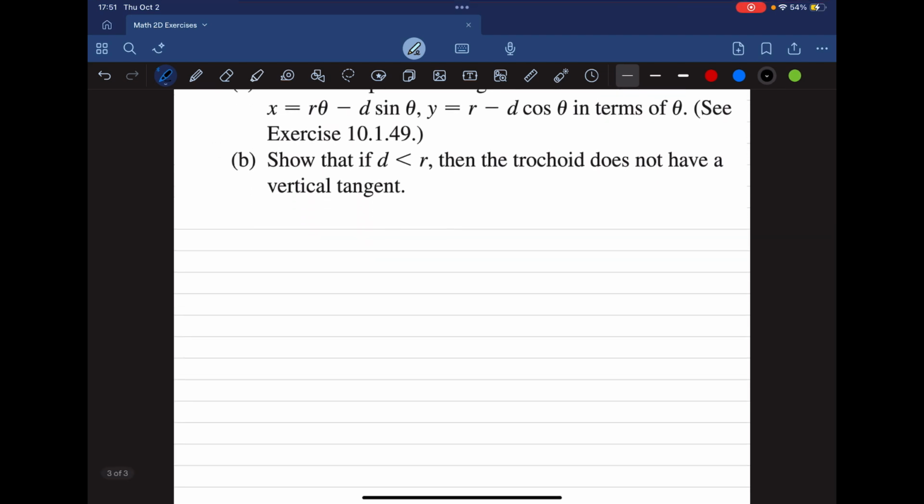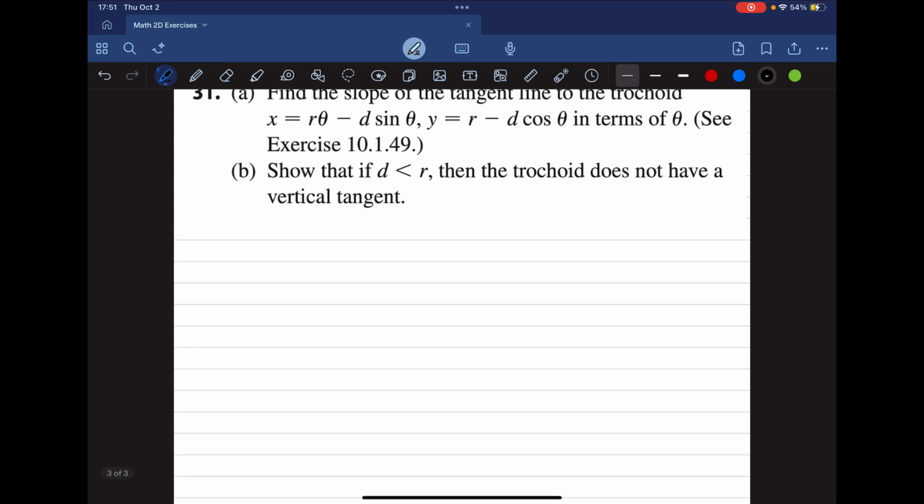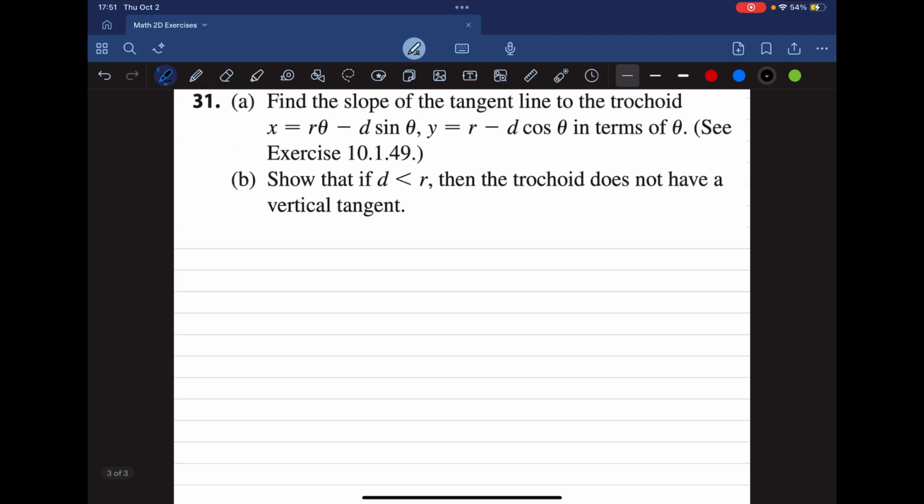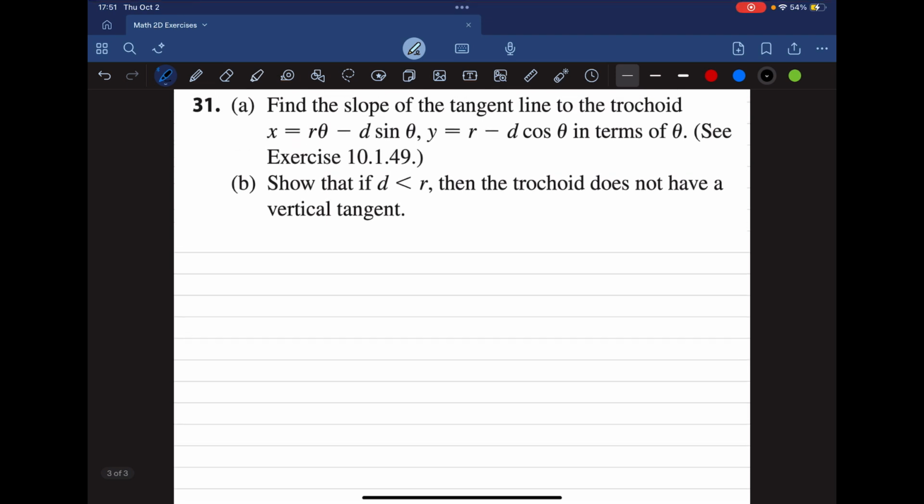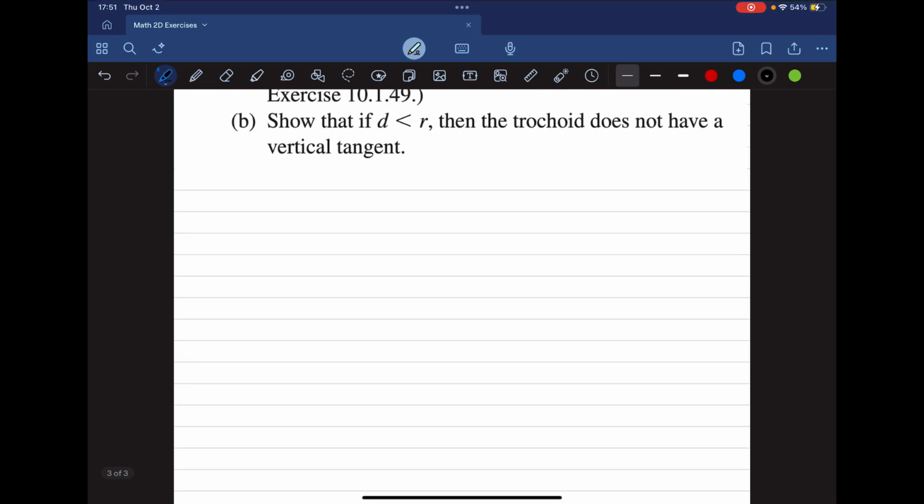Well, the first thing to remember is how we compute the slope of a tangent line when we're given a curve in parametric form. So let's suppose x equals f of t, y equals g of t, a less than or equal to t less than or equal to b, describes our curve parametrically.